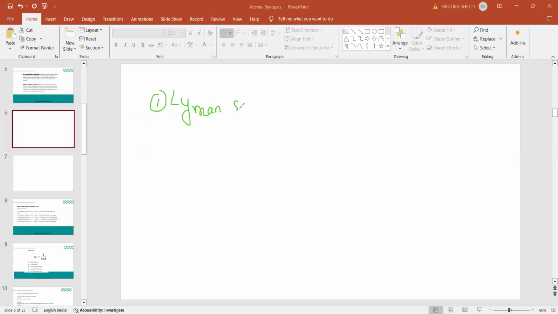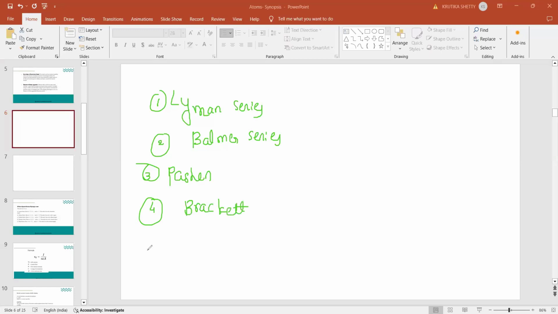The second one is the Balmer series. The third one is the Paschen series. The fourth one is the Brackett series. Then the last one is the Pfund series.